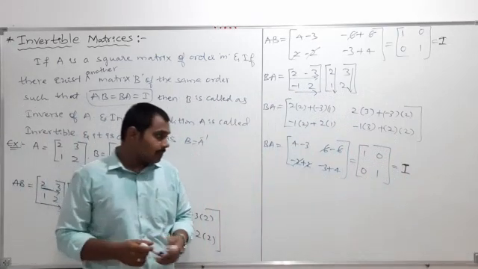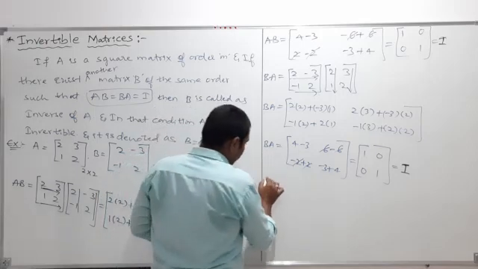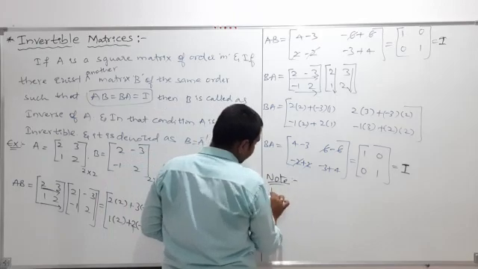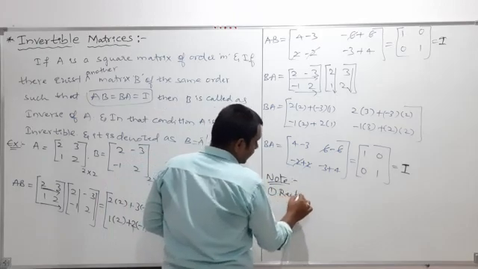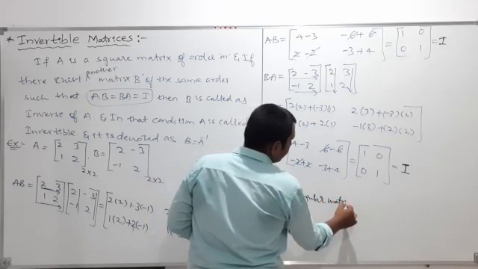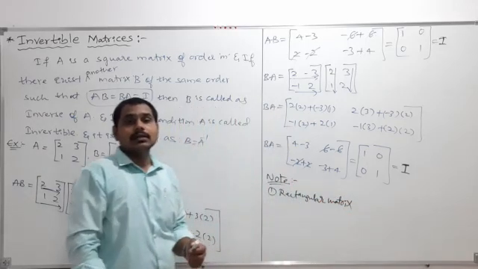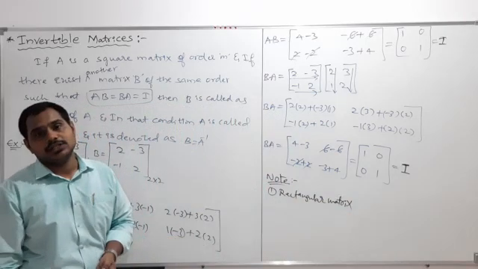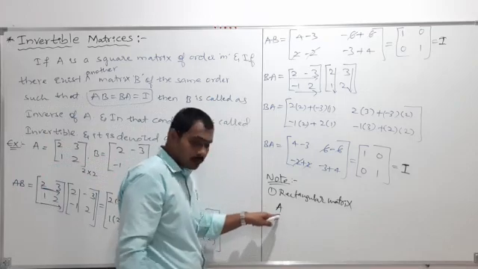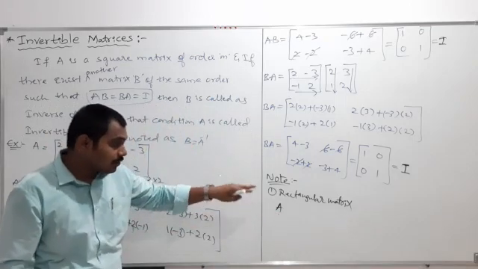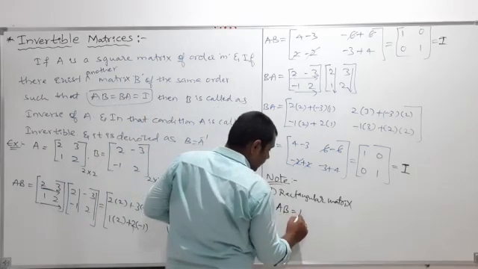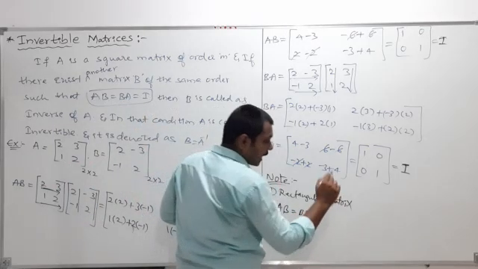Next, my dear students, please keep in mind a note. The first note I am going to discuss is for a rectangular matrix. For a rectangular matrix, we cannot find the inverse, because to find the inverse of a matrix A, the condition is AB must be equal to BA, which is equal to the identity matrix.